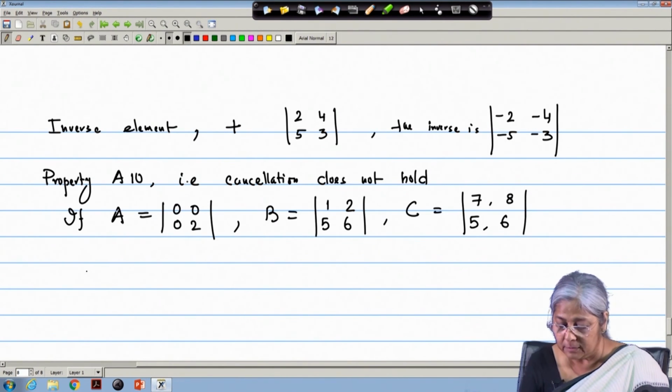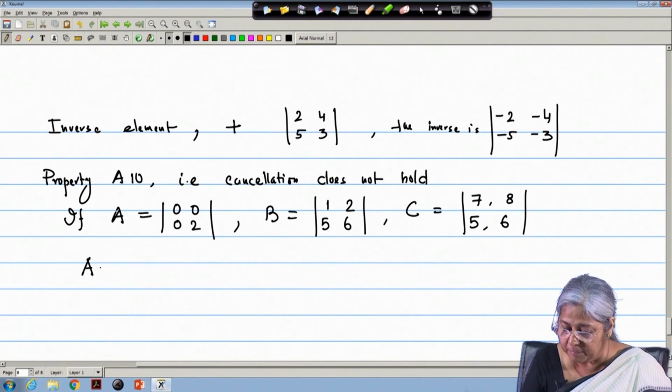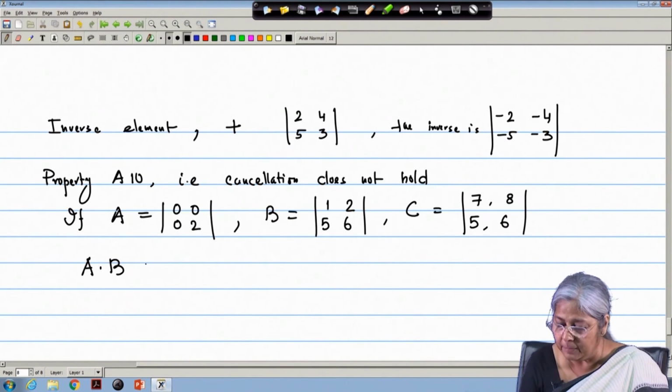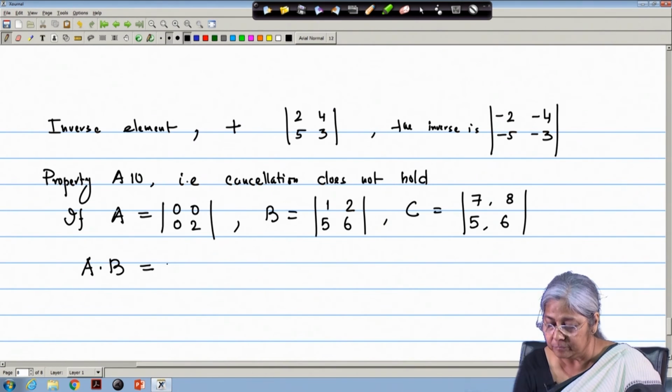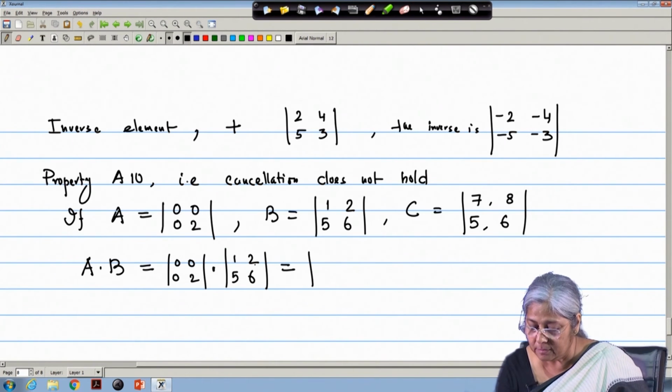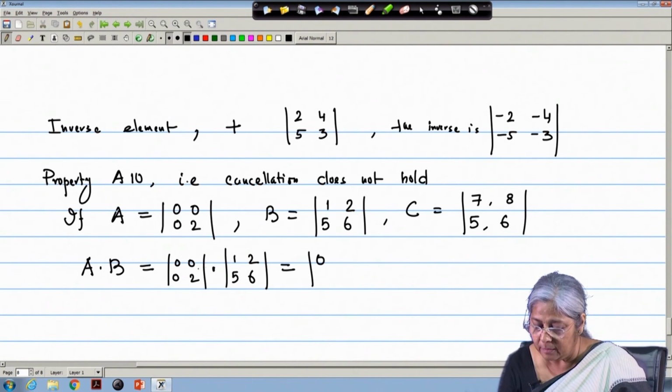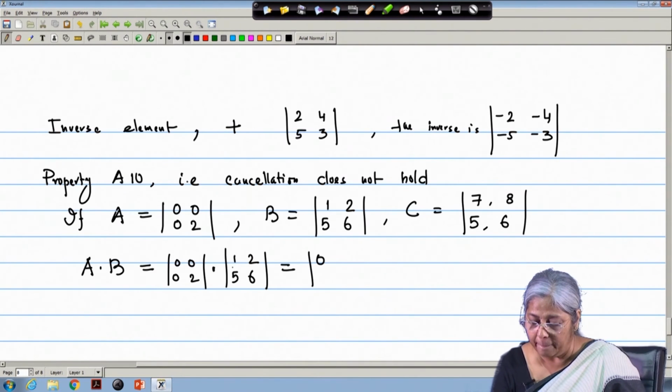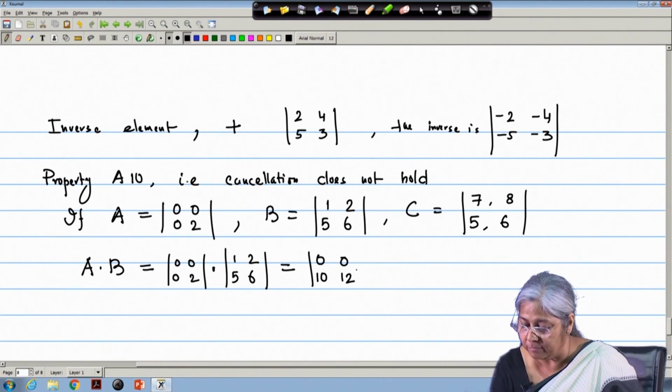Now, if I multiply AB, then this AB is 0 0 0 2 times 1 2 5 6, and this equals 0, 0, 10 and 12.